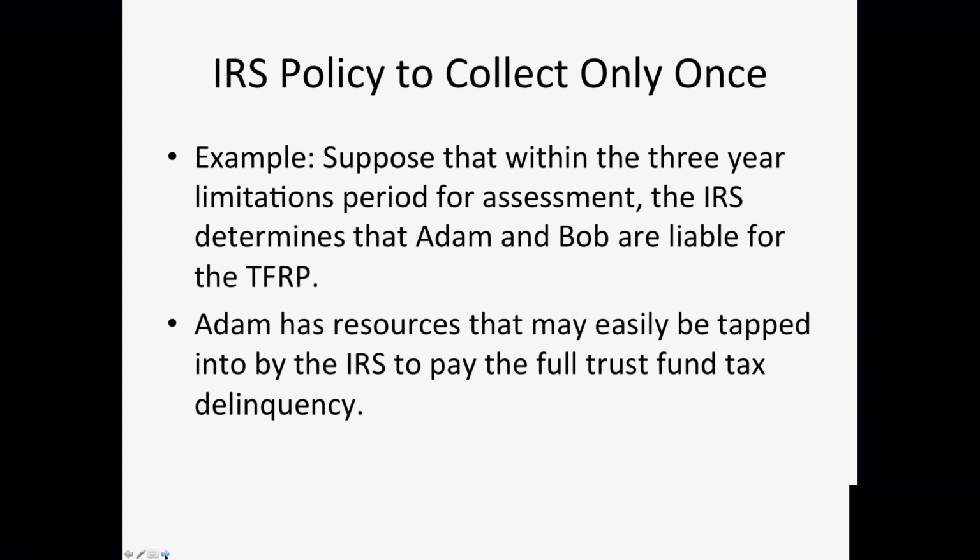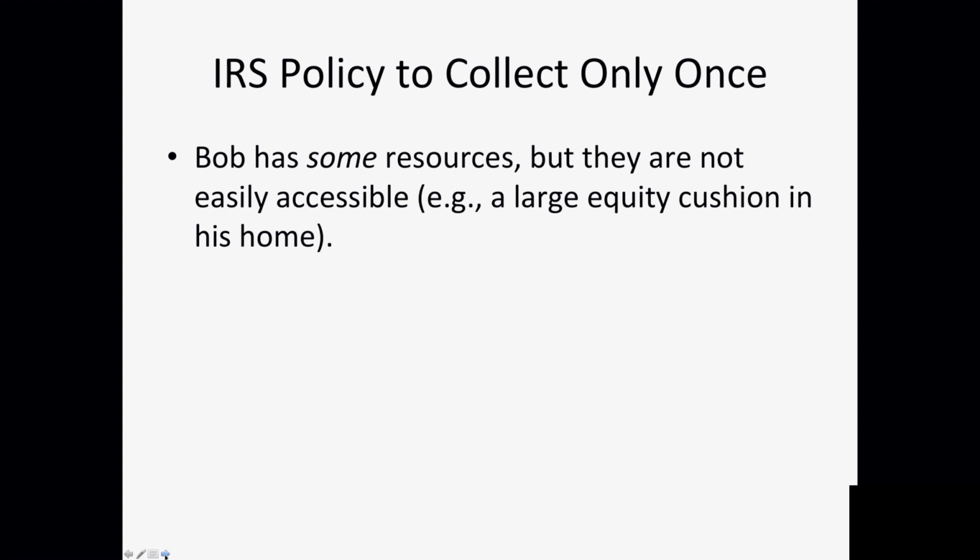Here's a quick example. Suppose that within the 3-year limitations period for assessment, the IRS determines that Adam and Bob are liable for the penalty. Adam has resources that may easily be tapped into by the IRS to pay the full trust fund tax delinquency. Bob, on the other hand, only has some resources, and they are scarce and not easily accessible. He has a large equity cushion in his home, and in this case, it's his primary residence.